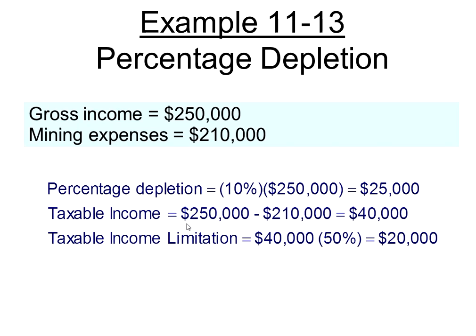The taxable income is the income minus the expenses, which is going to be 40,000, and there's a taxable income limitation, so only 50% can be used for depletion purposes. So 40,000, our taxable income, multiplied by 50% is only 20,000. So 20,000 is less than this percentage depletion, so we can't deplete more than 20,000, and we only deplete 20,000.